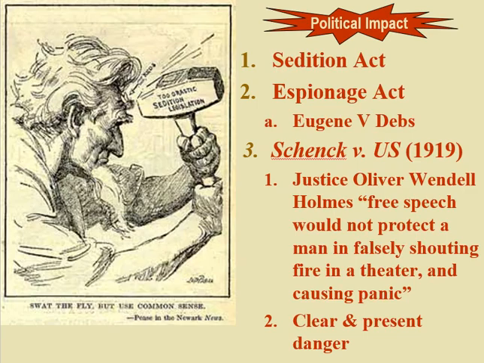All right, so for our political section here, we have the Sedition Act and the Espionage Act. We've seen a Sedition Act before that was with John Adams way back in the day. That is, if you speak out against your government or try to sabotage your government by saying things, you can be arrested. This goes against the First Amendment.